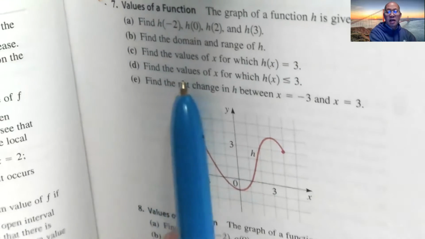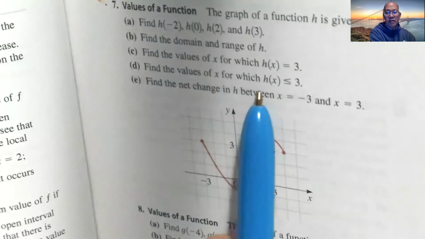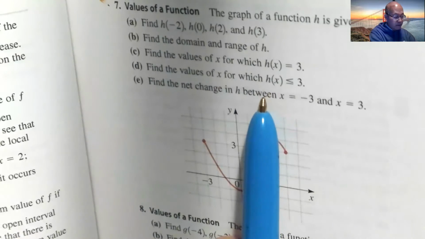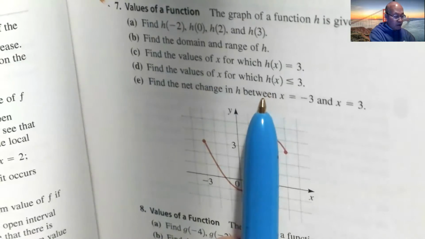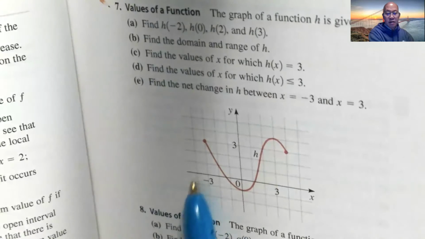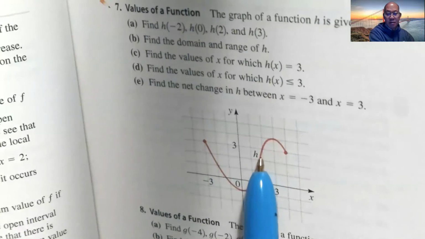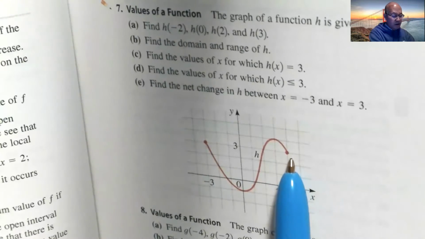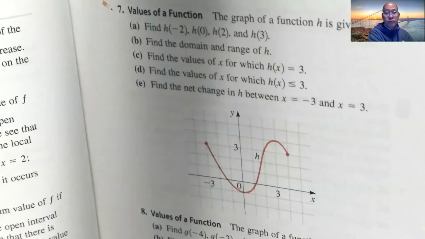And D, find the values of x for which h of x is less than or equal to 3, or y is less than or equal to 3. So that's from -3 up to 2, and also just at 4. And I'll show you how this is all written.